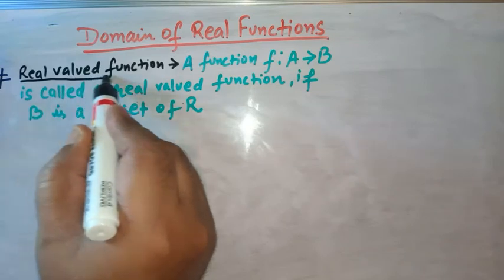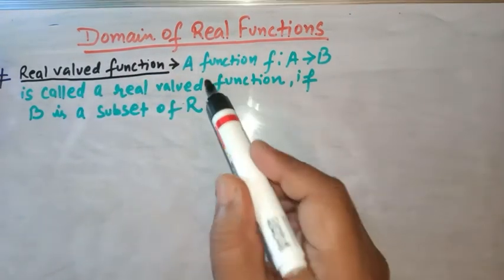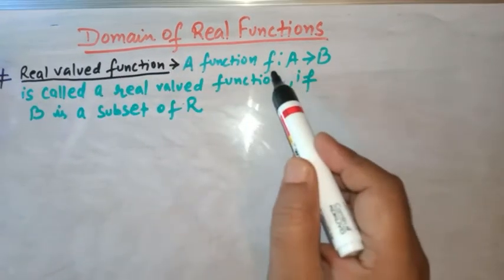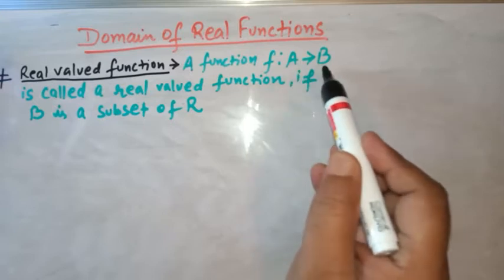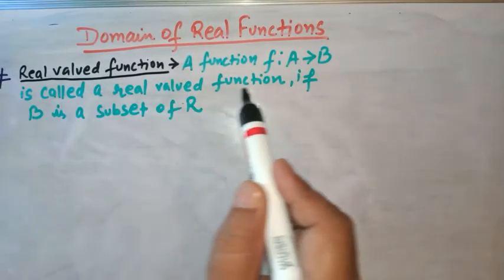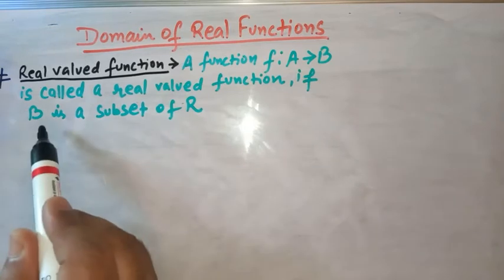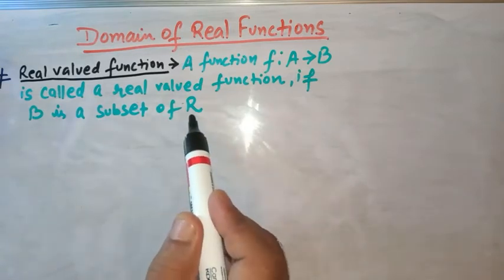As the definition goes, a function f from set A to set B is called a real valued function if B is a subset of R. Clear?